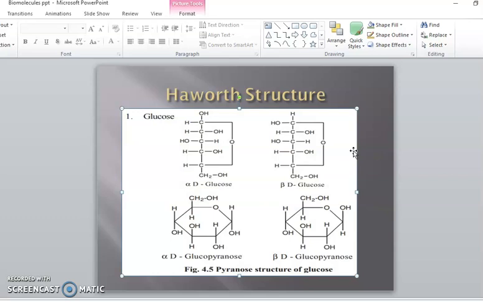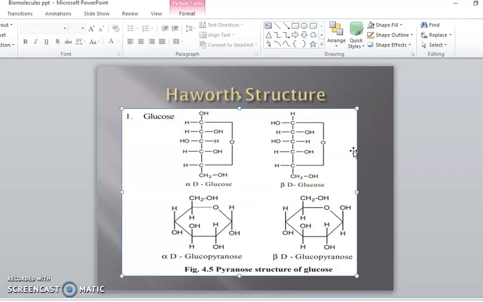Once you have understood how to draw the hemiacetal structure of alpha D glucose and beta D glucose, what you have to do is try by yourself. Take a piece of paper and a pen, then just follow what I instructed earlier. Put a vertical line, then 5 horizontal lines.